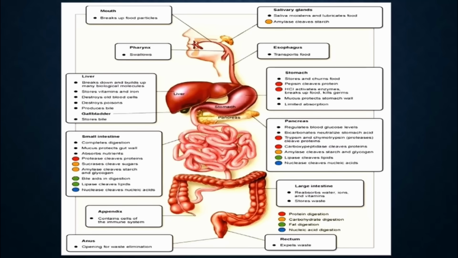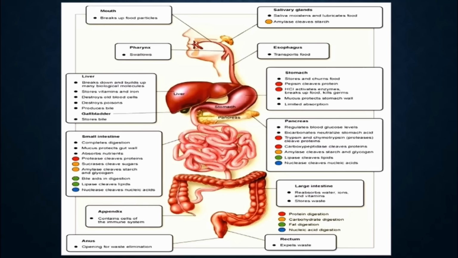The main and prime function of the liver is the production of bile, which helps in the emulsification of fats, and it also stores the bile. There is a bladder underneath the liver, which is called the gallbladder. Beside the liver, there is also a mixed gland, the pancreas, which has the function of both exocrine and endocrine glands.